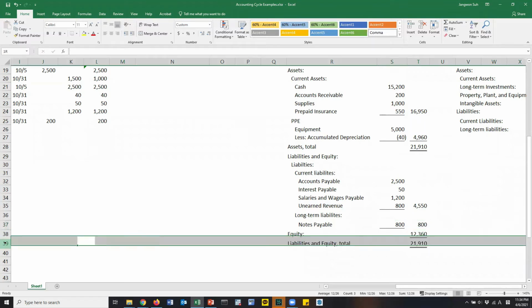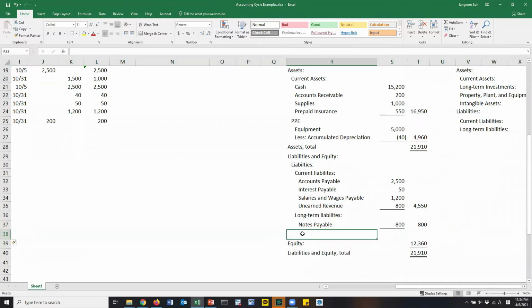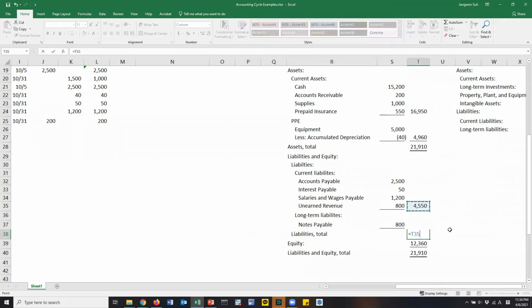And let's add one more line item for liabilities total. It is the sum of the current liabilities and long-term liabilities, which is $53.50.